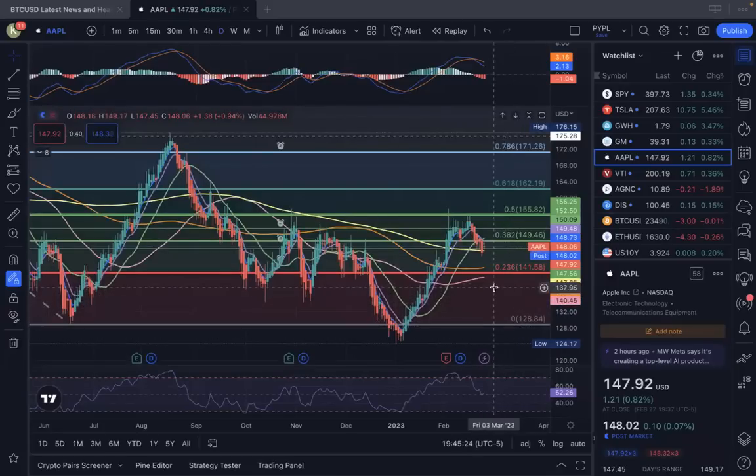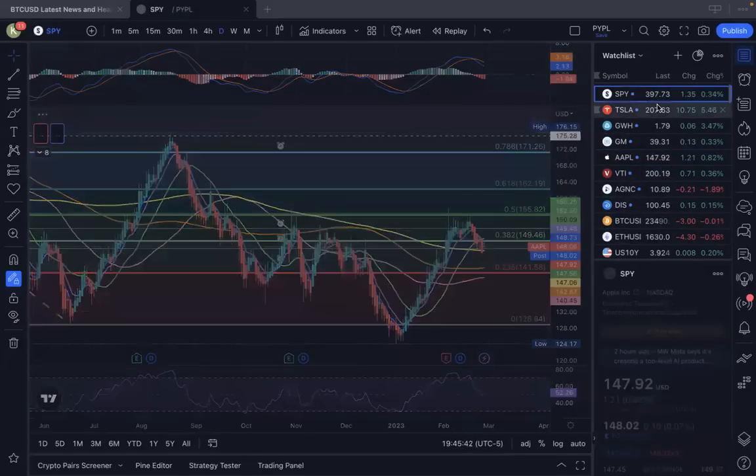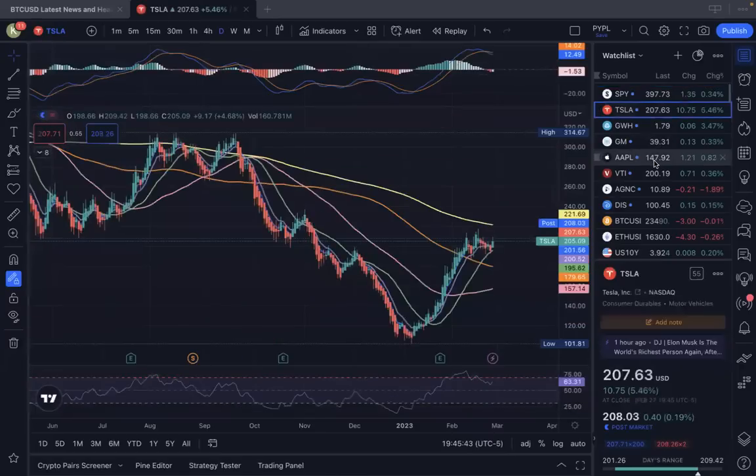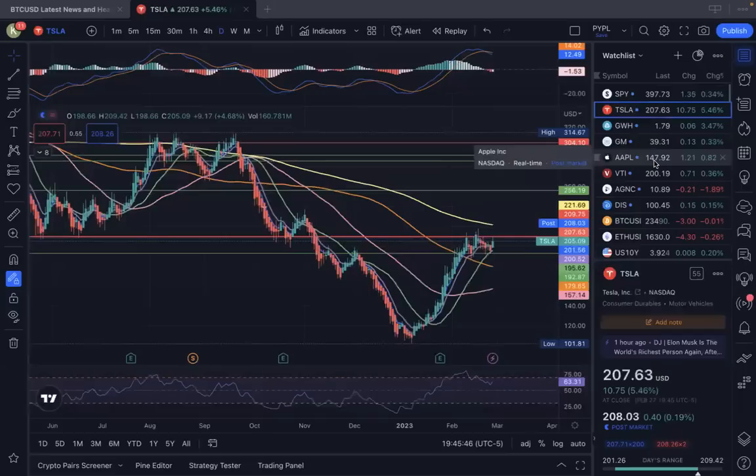But we're not gonna go there right now. Probably go to 142. So if I wake up in the morning, I don't even look at Apple, because I just know that's not above 156.